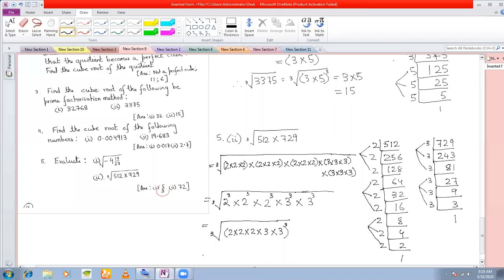And therefore now you have a power of 3 there inside a cube root. So you can remove the radical sign. This is simply 2 into 2 into 2 into 3 into 3.